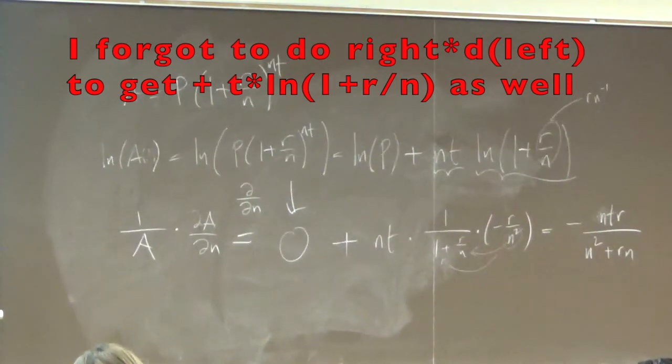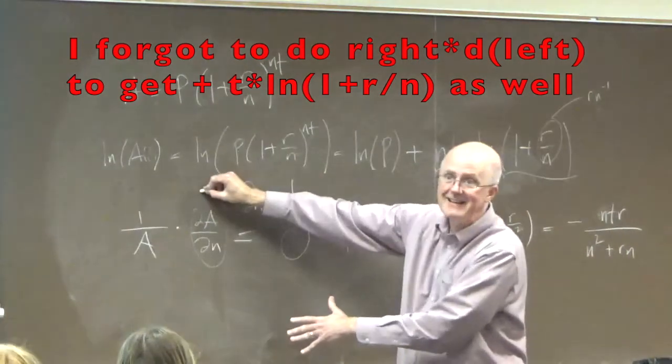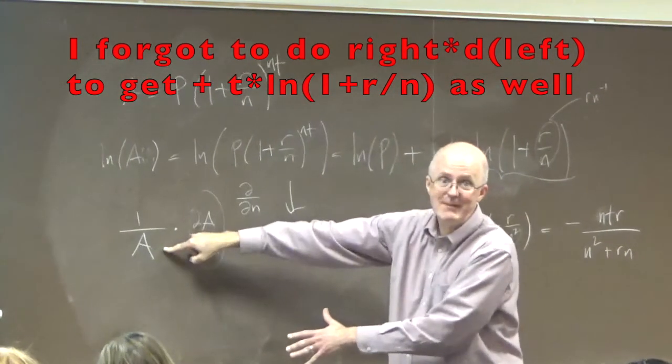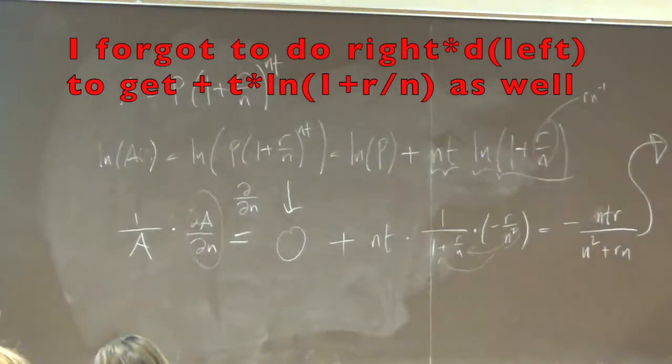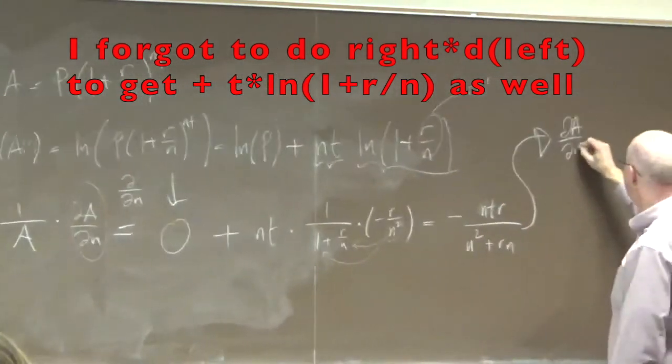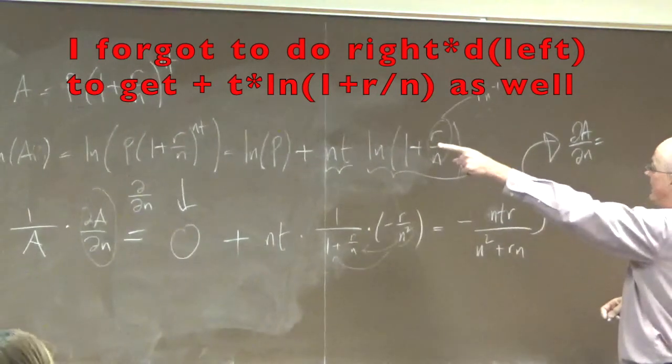If I've not made a mistake, that would be the answer. I might have made a mistake, I don't know. But we're not done yet, because we still need to solve for that. I need to multiply both sides by a. The partial of a with respect to n is a times this. Plug in what a equals.